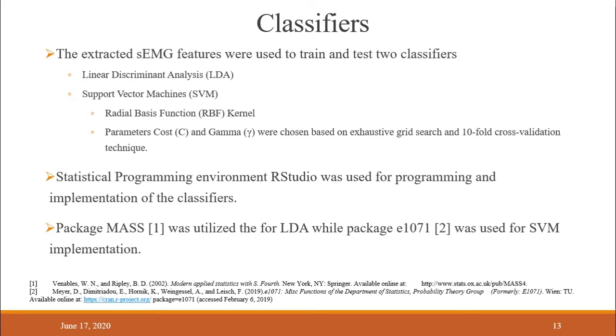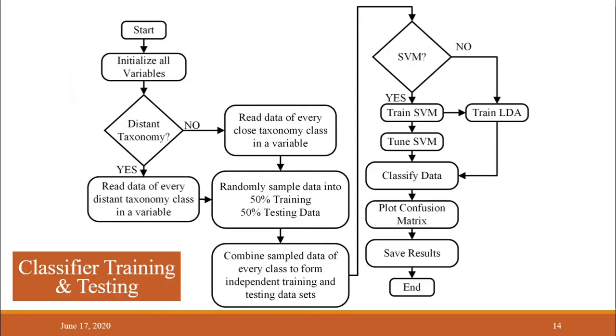The entire programming was done in R language. Training and testing datasets were independently formed by randomly dividing the data of each motion class into equal training and testing data. The training and testing data of individual classes was then combined to form the training and testing data sets.